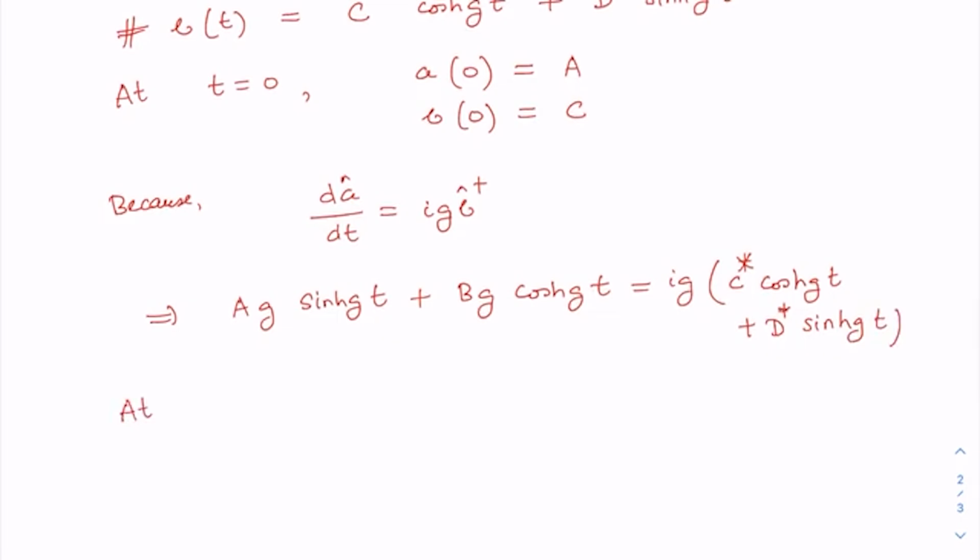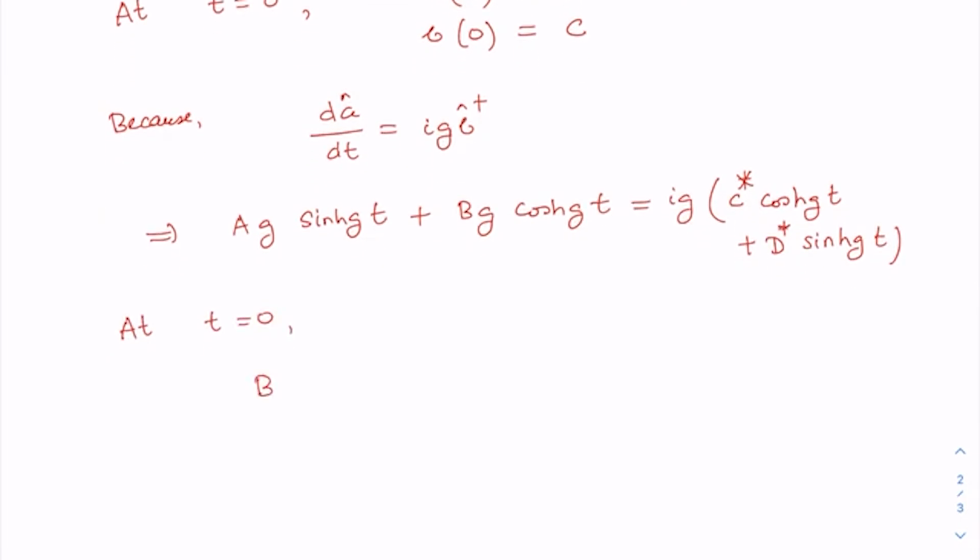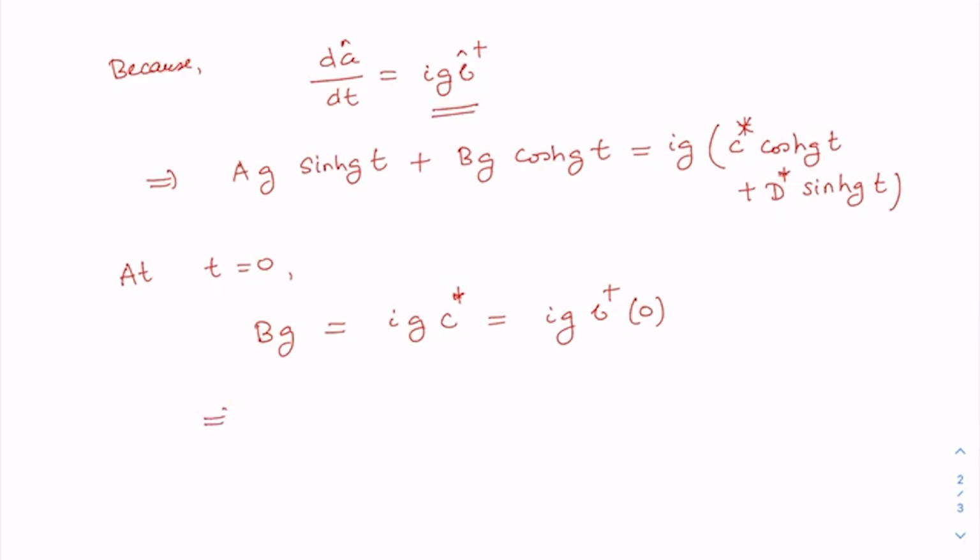Now at t is equal to 0, I have Bz is equal to izC star, that would be equal to iz, it would be b dagger 0, right? So from this equation, therefore I have my constant B is equal to i b dagger 0.